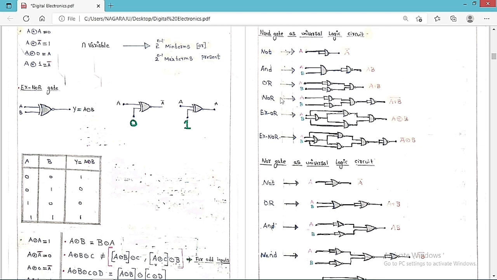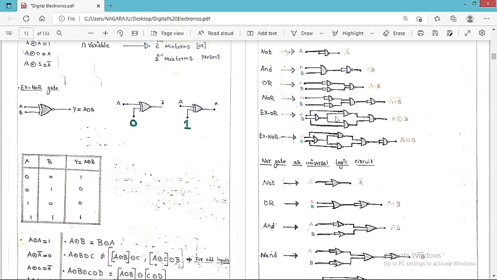Just by using the NAND gate we can build all the gates, or just by using the NOR gate we can build all the gates. That is the reason NAND and NOR gates are called universal gates: with these gates alone you can build any gate you want. So now you can see clearly the NAND gate as a universal logic gate.